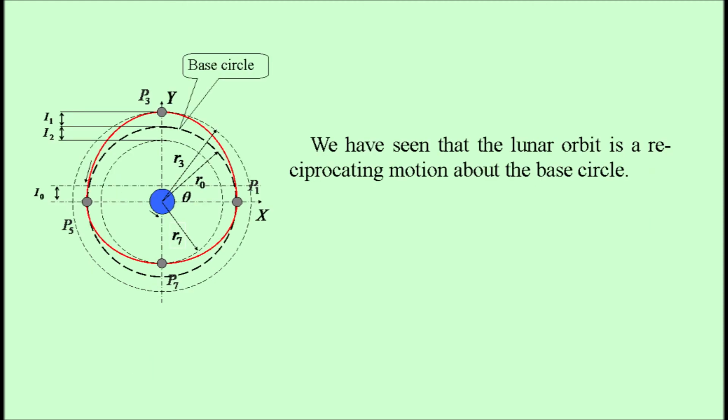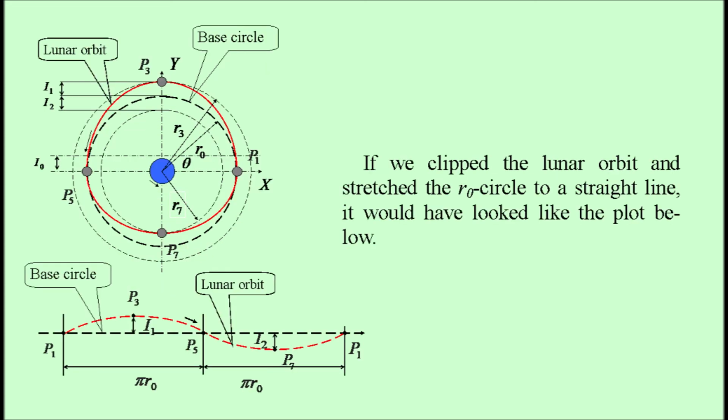We have seen that the lunar orbit is a reciprocating motion about the base circle. If we clipped the lunar orbit and stretched the R0 circle to a straight line, it would have looked like the plot below.